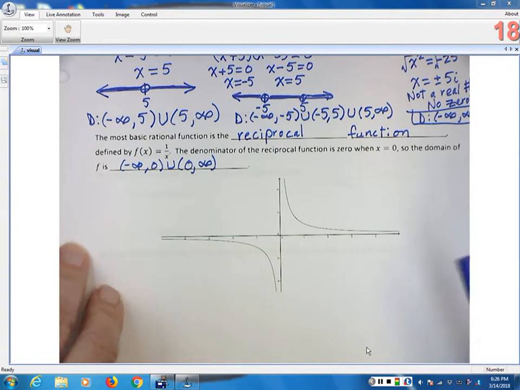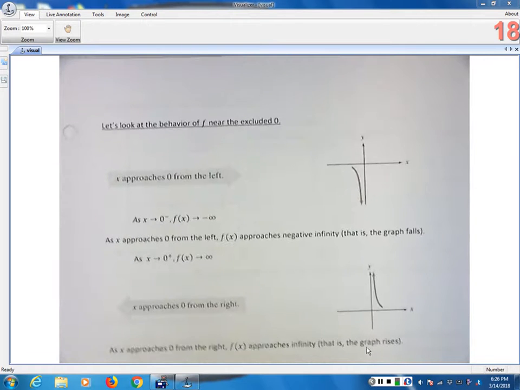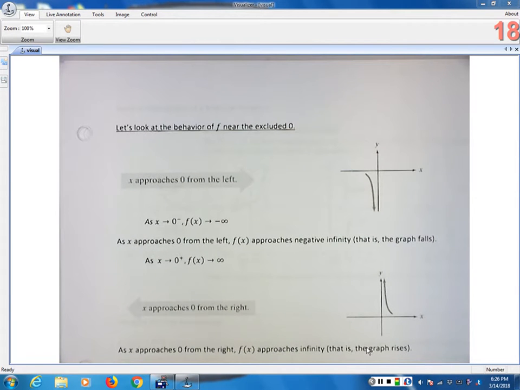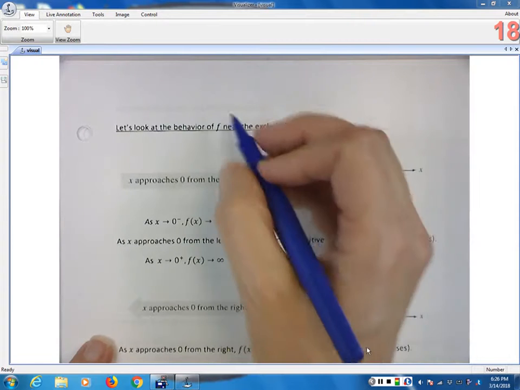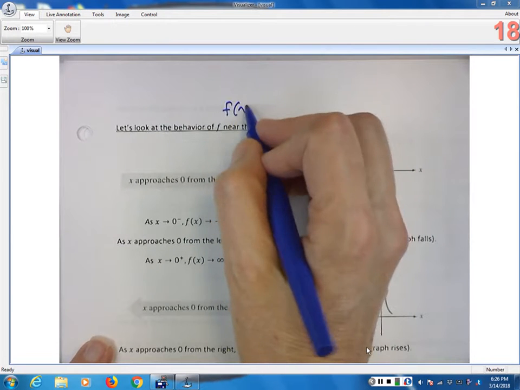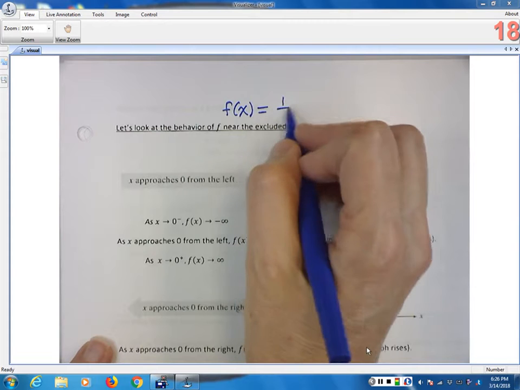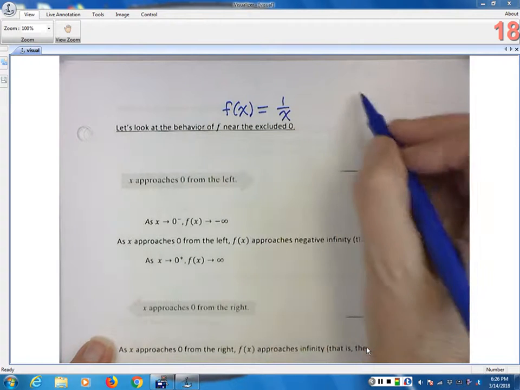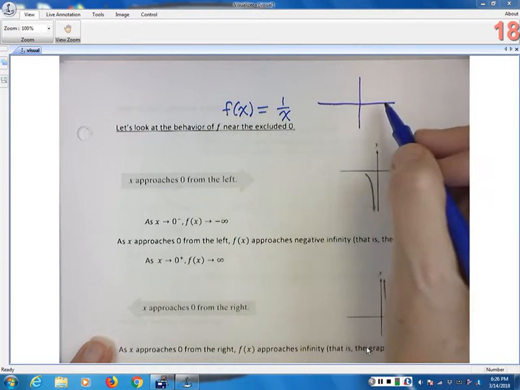Okay, there's a picture. This is the most basic rational function. We're going to just look really quickly at this. This is for the function f of x equals 1 over x. It was on the previous page. It looks like this.